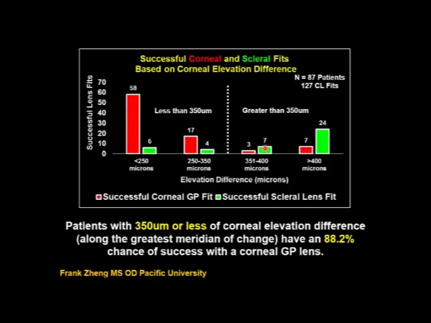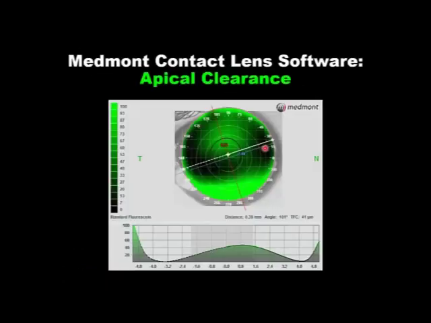That's the green. So use that differential to guide you on when I should be starting with corneal GP, when I should be starting with scleral. Now this particular patient had 334 microns of differential, under the 350 threshold. So that would suggest that we should be able to fit this patient with a corneal GP.